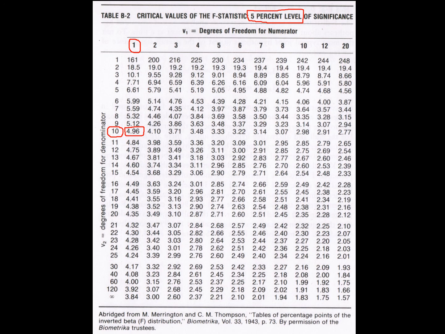Now the number we calculated was 14.65. The critical value is 4.96. So indeed, our calculation of the F statistic exceeds the critical value, and therefore the null hypothesis of there being no relationship is falsified. And so the remaining hypothesis, which is that there is a relationship, prevails. It prevails because the null hypothesis was falsified.